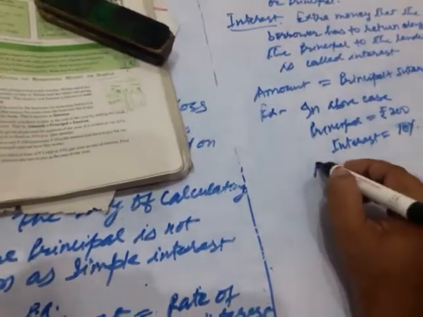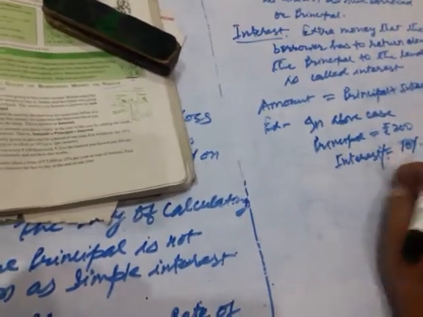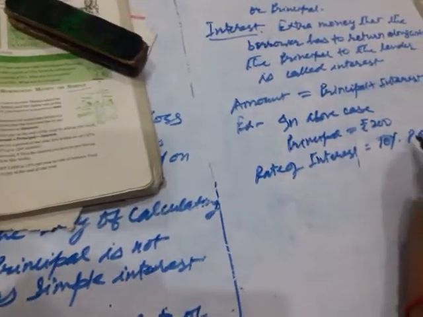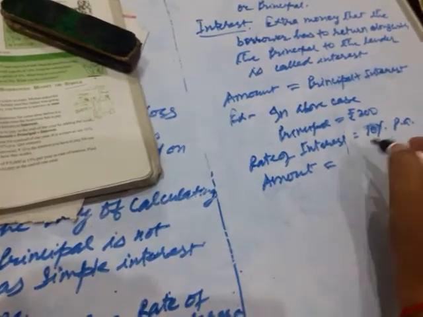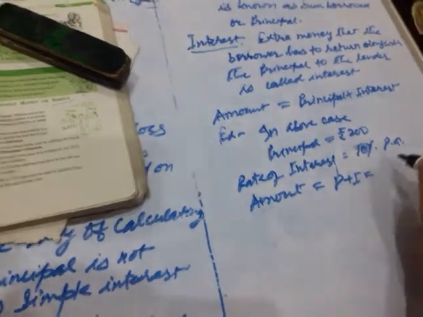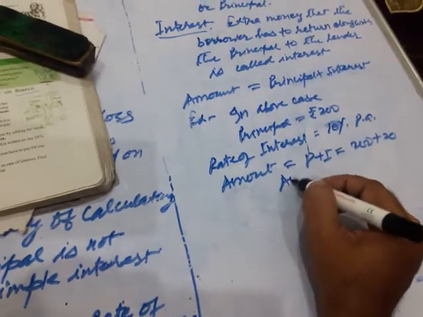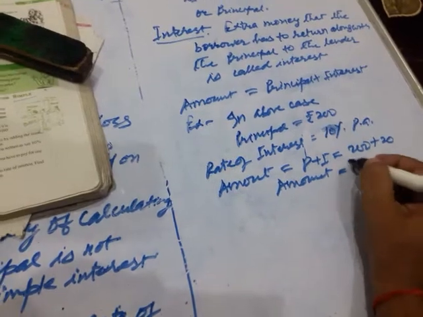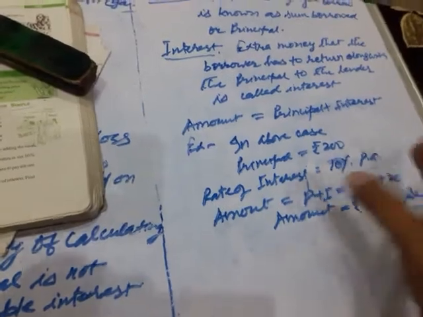This is the rate of interest, that is 10% per annum. What was the amount? Amount equal to P plus I, that is 200 plus 20, that is equal to rupees 220. Clear. Such a process of calculation of interest is known as simple interest.